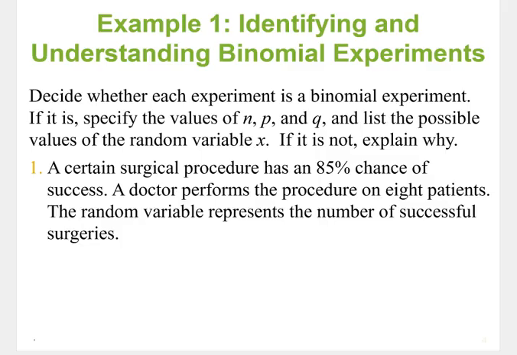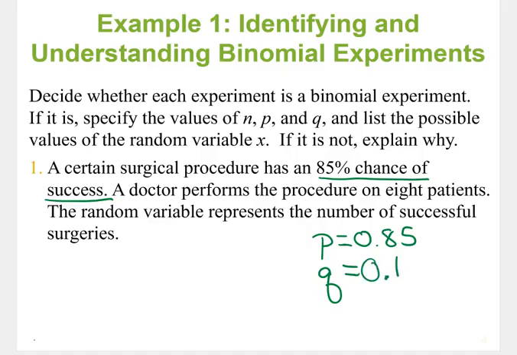All right, so first of all, this definitely is going to be a binomial because we have an 85% chance of success. So right there is my p. So I know my p is 0.85. And if we have an 85% chance of success, then our q would be 0.15, right? We'd have a 15% chance of failure.